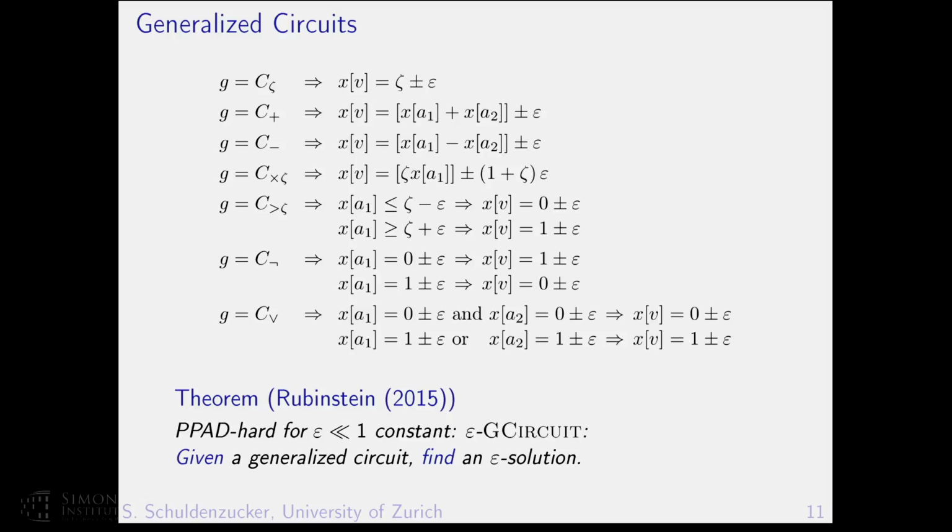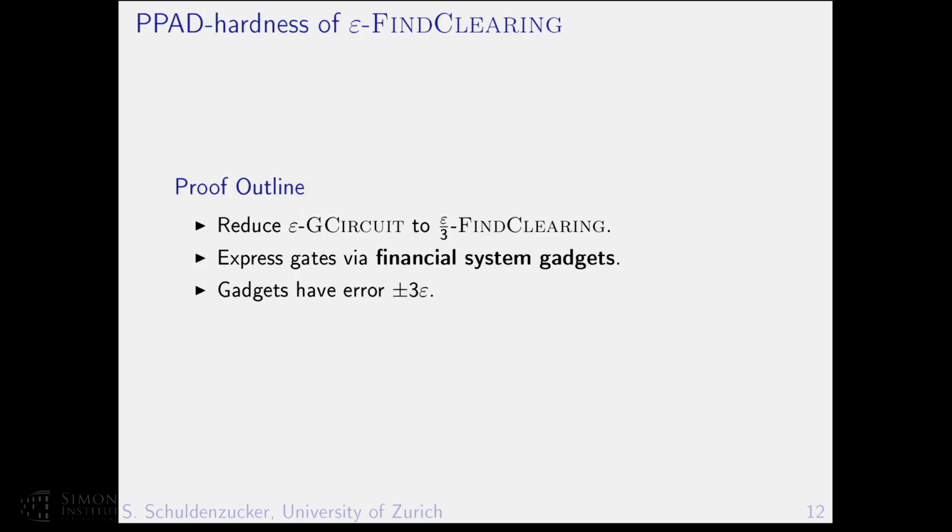And this turns the problem of actually evaluating a generalized circuit into a fixed point problem. And Rubinstein showed in 2015 that this fixed point problem is actually PPAD-hard. So the problem is called epsilon-GCircuit: given a generalized circuit, find an epsilon solution. And so now the natural approach for our proof is to reduce epsilon-GCircuit to, well, epsilon-fine clearing.